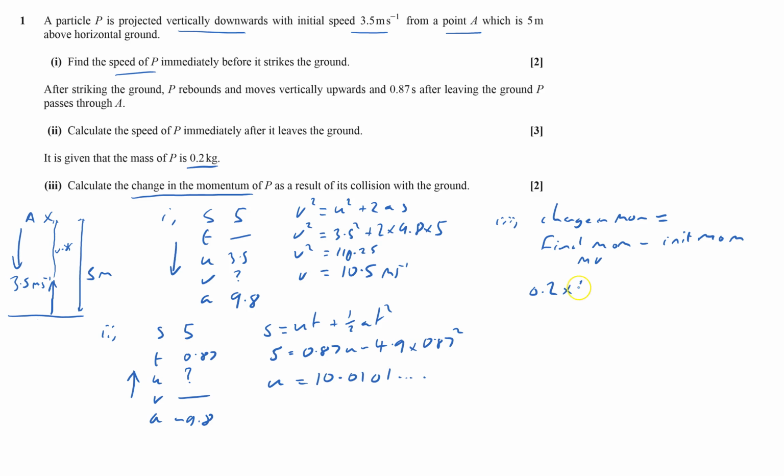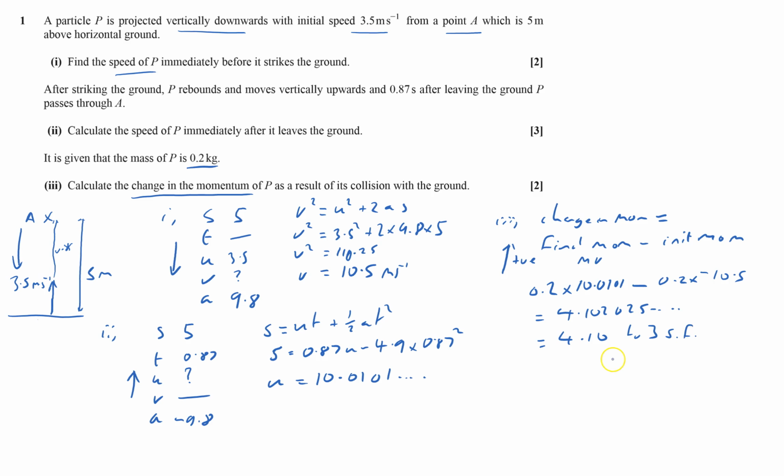It's 10.0101, and then I've got to take away, and I'm taking upwards to be positive, the mass 0.2 times the velocity, and the velocity here was the speed with which it struck the ground, that's 10.5, but that's going down, so that's minus 10.5, and that gives me 4.102025, which equals 4.10 to 3 significant figures.